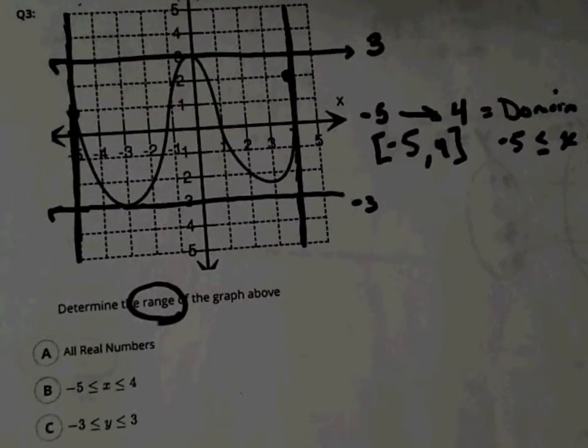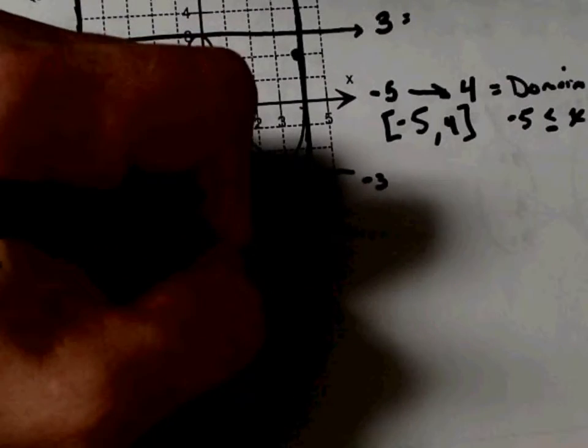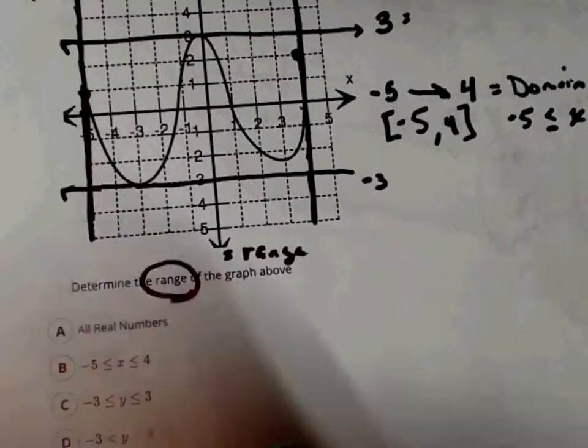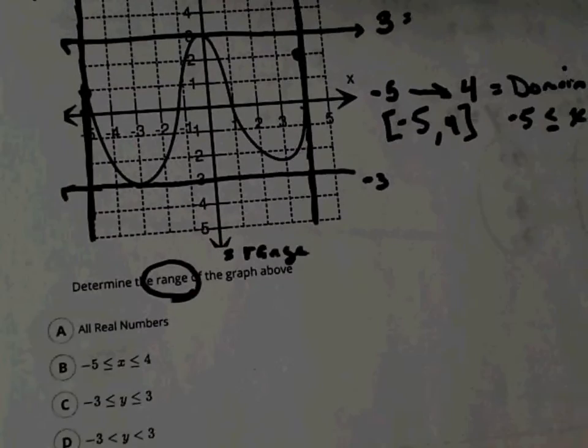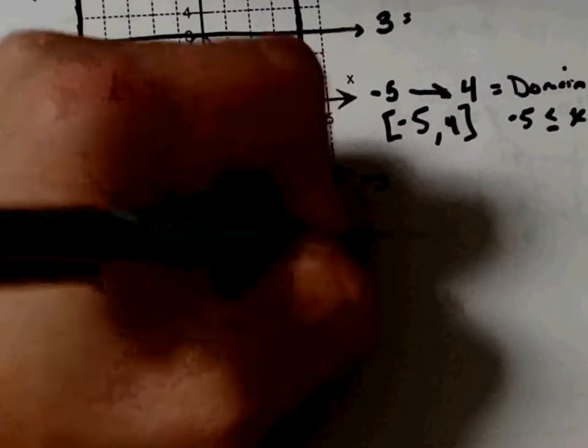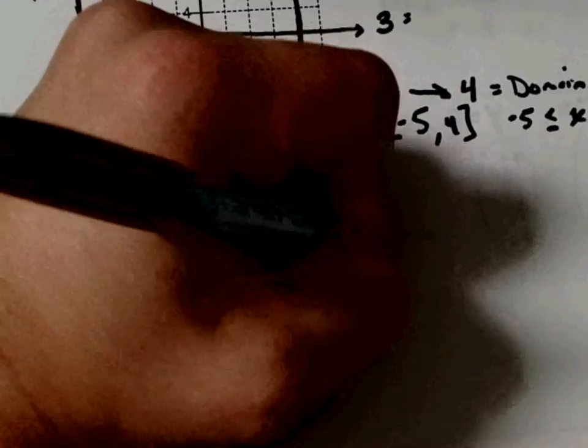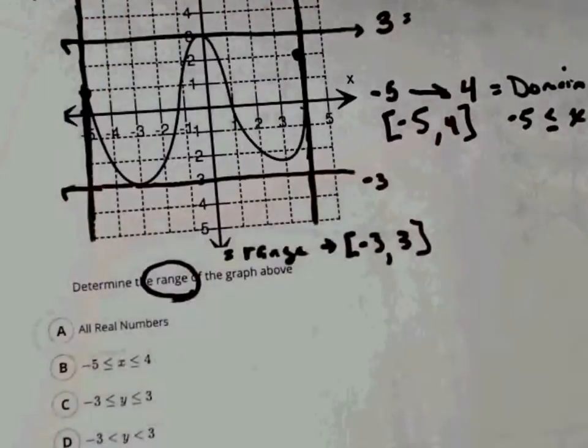Okay? And range is associated with y. So this one right here would equal the range. And so if I have from -3 to +3, if I was putting it in interval notation, it does include -3 to +3.